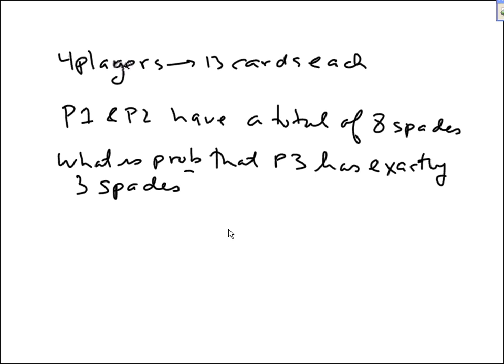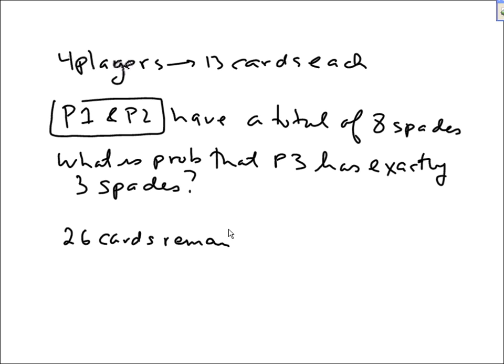Now, in my opinion, I think the only way to do this is to reduce the sample space. These players have used up 26 cards, so 26 cards remain. I am removing their 26 cards and their 8 spades.